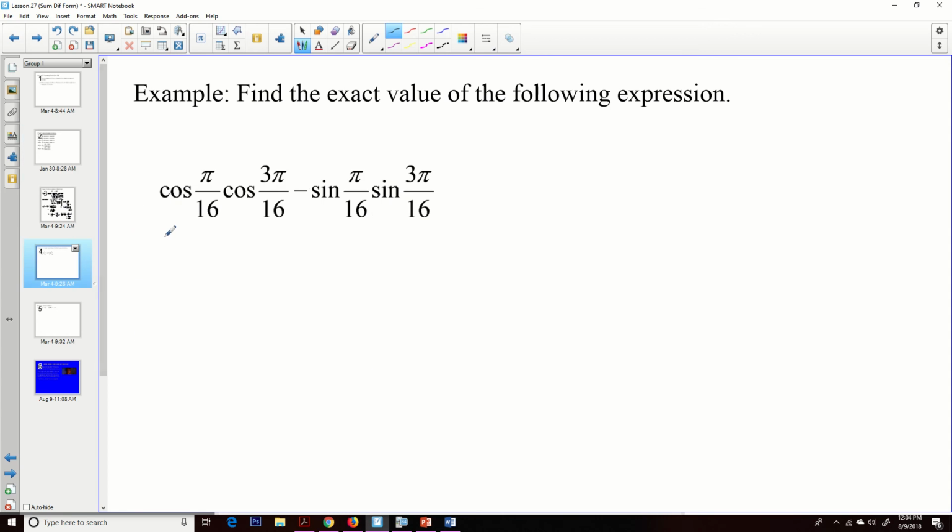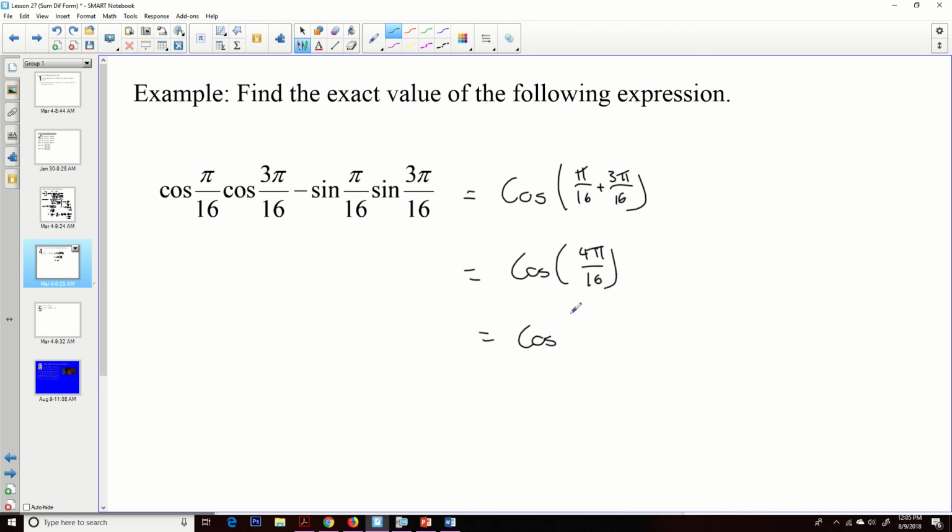And so what I can do is I know that neither pi over 16 nor 3 pi over 16 is on the unit circle, but if I use that sum and difference formula, I know that this thing reduces down to the cosine of pi over 16 plus 3 pi over 16, which would be the cosine of 4 pi over 16, sorry about that, and that fraction reduces.